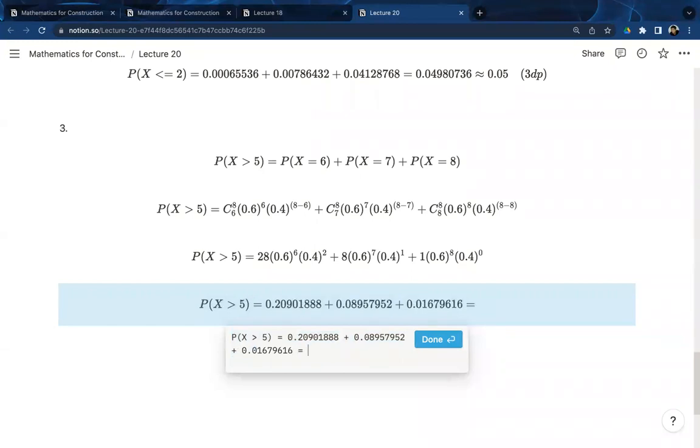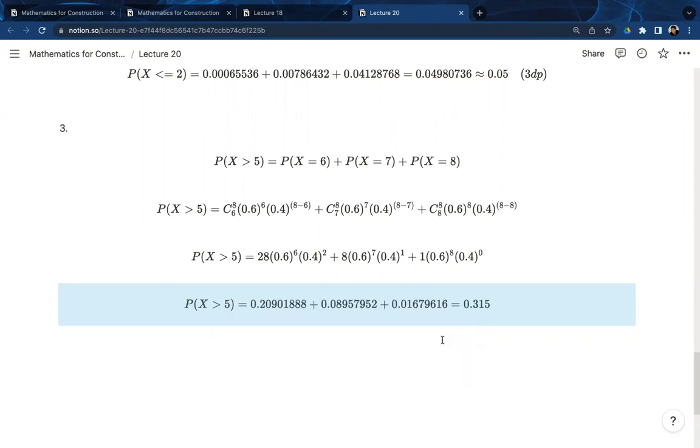So what is that summing up to? So the 3 decimal places, 0.315.